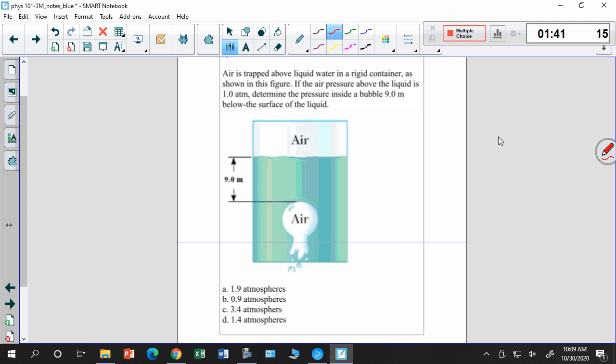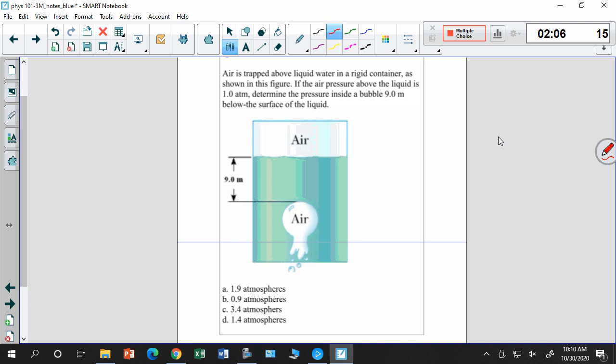Be careful with your units. You'll need to convert things to SI units, and then you'll need to convert to atmospheres when you get down to the bottom. And then also don't forget about your atmospheric pressure, that you will need to include that. So if I say that you have to include the atmospheric pressure, which answer can you rule out right away? 0.9.